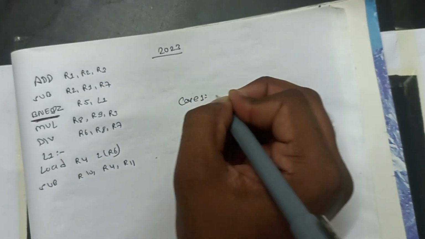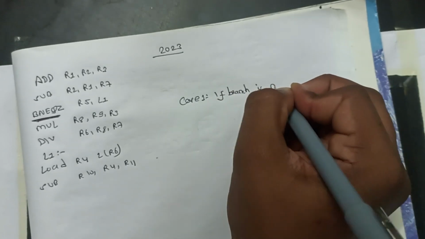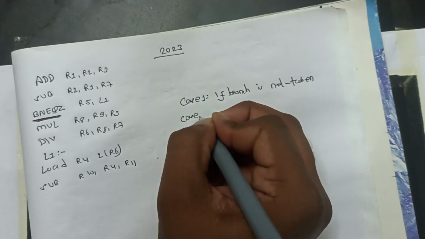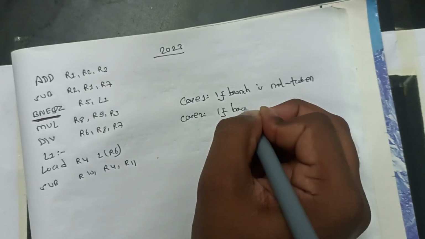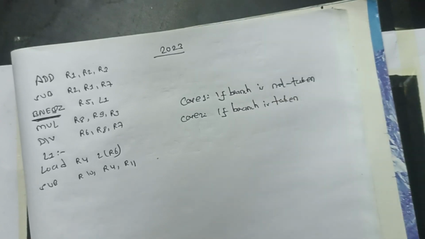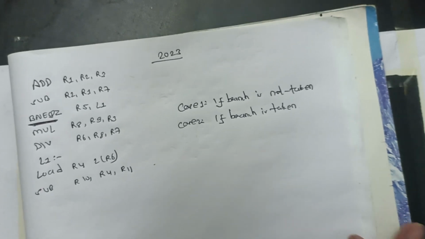Case 1 is if the branch is not taken, and case 2 is if the branch is taken. Let's understand what is meant by branch not taken and branch taken.